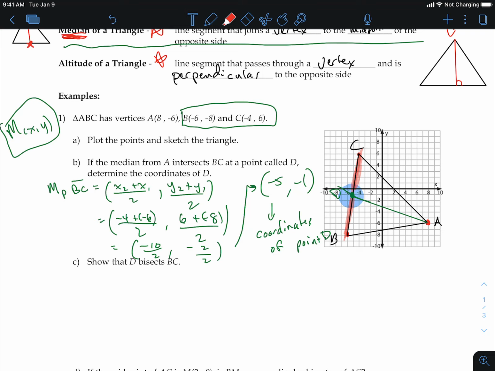All I'm asking you to do is think outside the box, proving some of the things that we talked about at the top of this page using skills that you already know how to do. You know how to solve for the length of line segments. So I'm asking you to find the length of BD and DC and show that they're equal. I'll write that here.